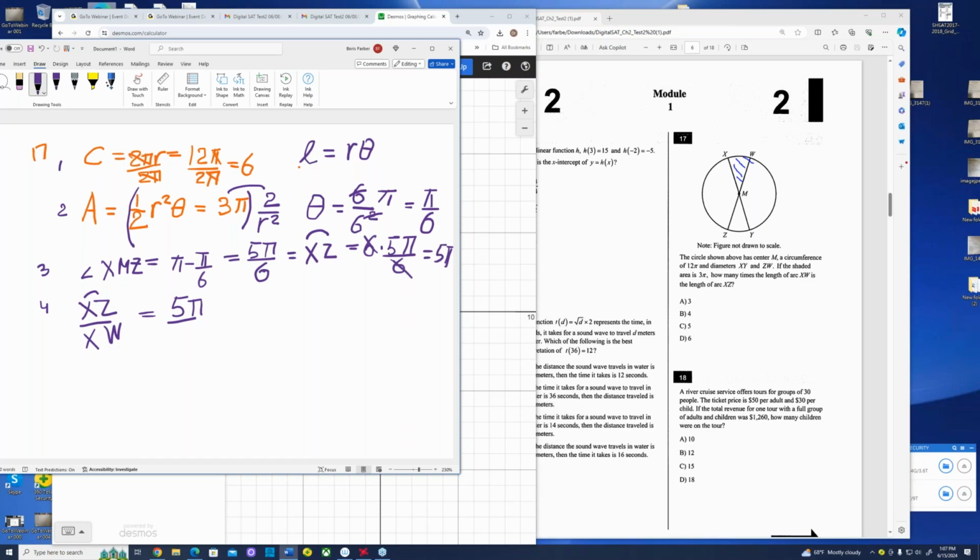This would be 5 pi over 6. You divide by pi over 6, which is the same as multiplying by the reciprocal: 5 pi over 6 multiplied by 6 over pi. Cancel, cancel, cancel, cancel.